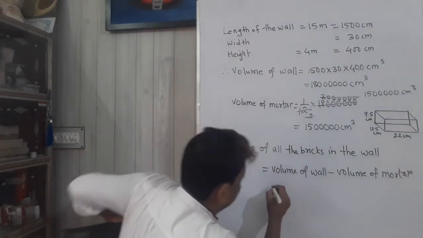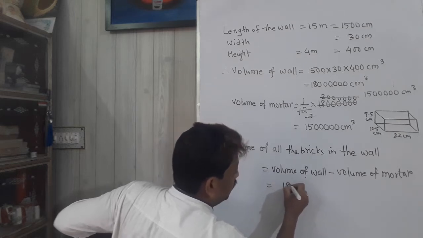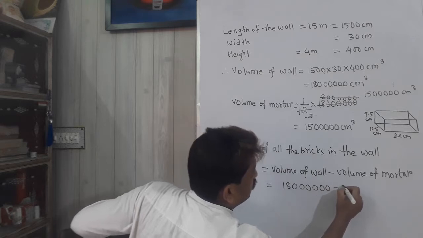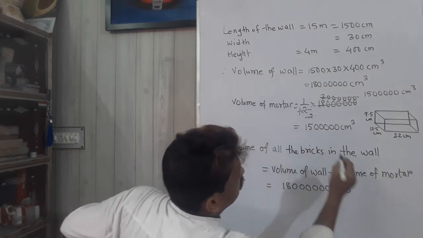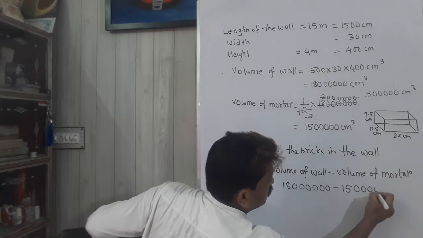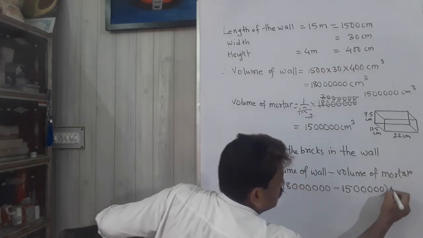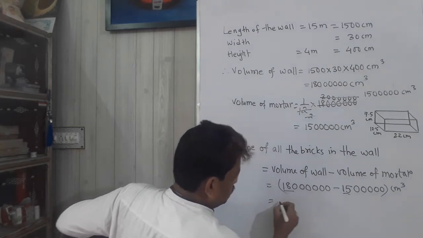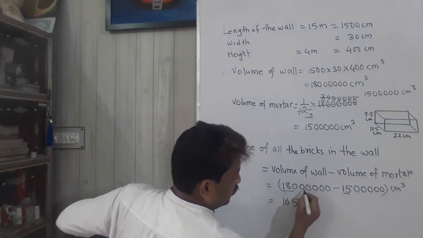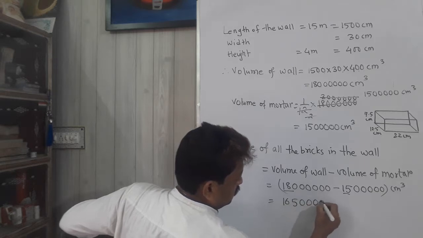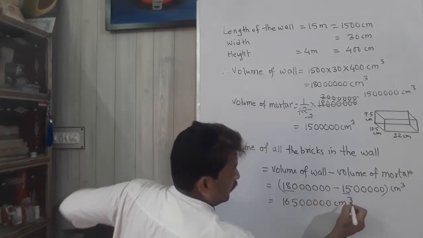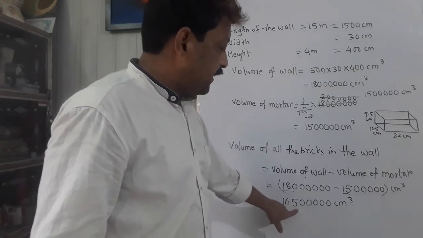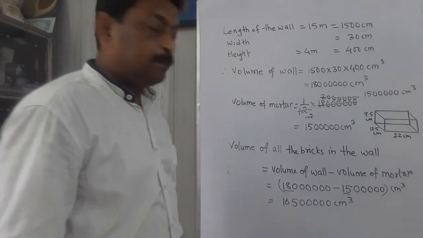So it is 18 then 6 zeros minus 15 then 5 zeros centimeter cube. So 180 minus 15 is 165, then 5 zeros centimeter cube. So volume of the bricks in the wall is 165 then 5 zeros centimeter cube.